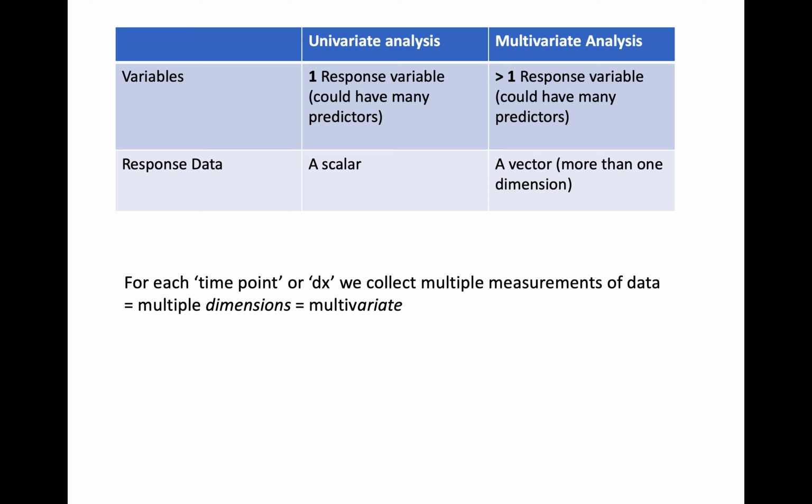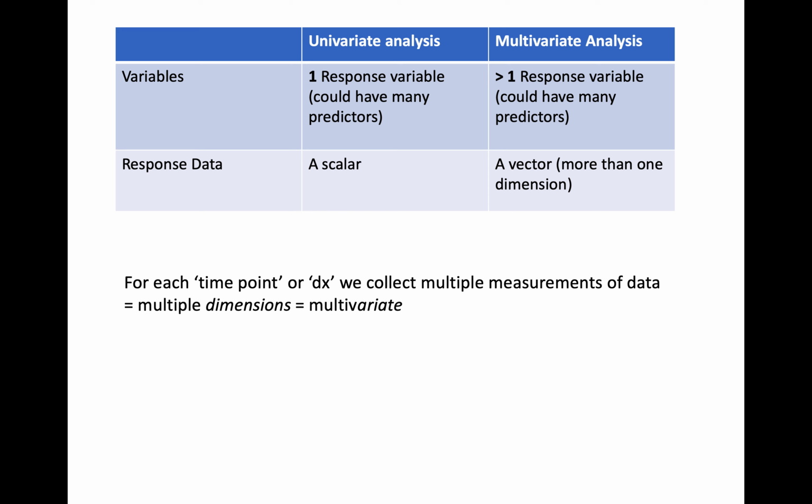I'll give you some examples. For each time point, we collect multiple measurements of data, multiple dimensions. If we think of each one as a dimension, with x, y we have two dimensions, with x, y, z we have three dimensions. We can have many, many dimensions now, and we obviously cannot plot it. We call this multivariate.